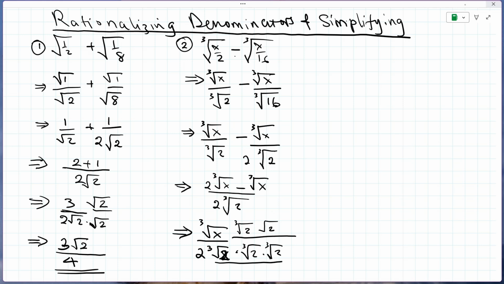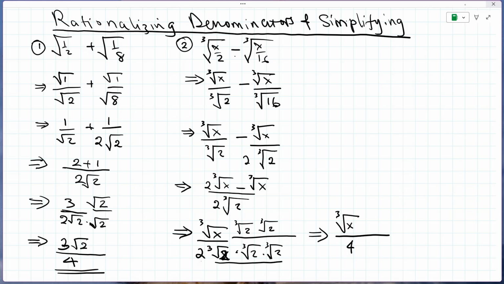All right? So now in this case, we'll finally have this expression showing us cube root of x divided by 2 multiplied by cube root of 2 times cube root of 2 times cube root of 2, which is 2. 2 times 2 will give us 4.